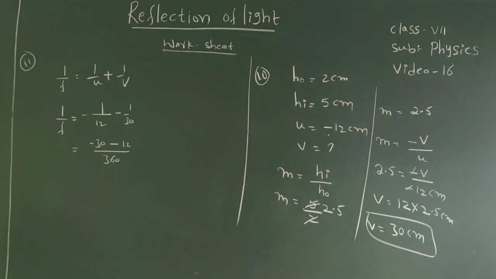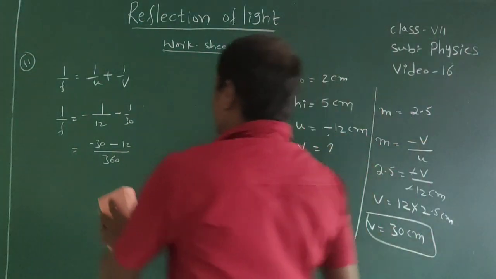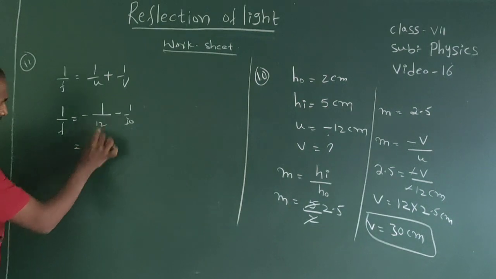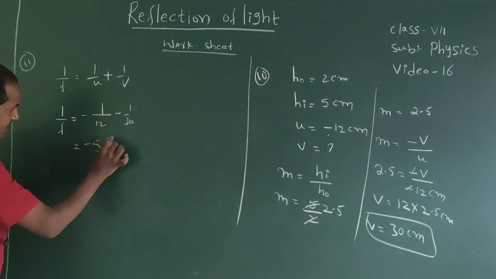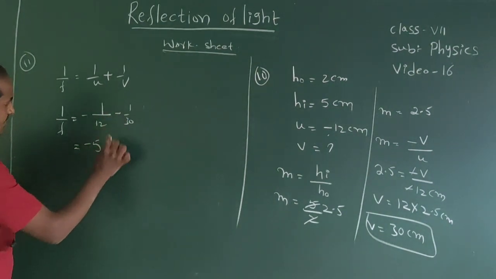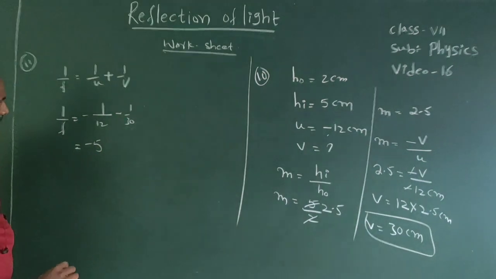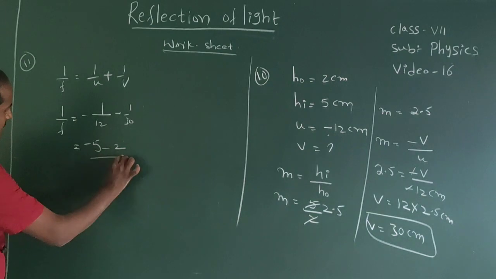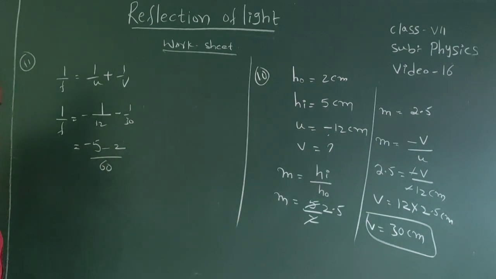Now here we can take the LCM. What is the LCM here? For 12 and 30, LCM is 60. So here 5 times minus 5 and minus 2 by 60.